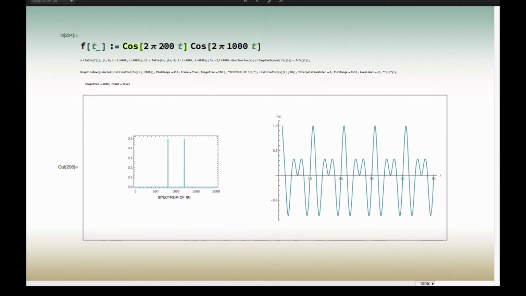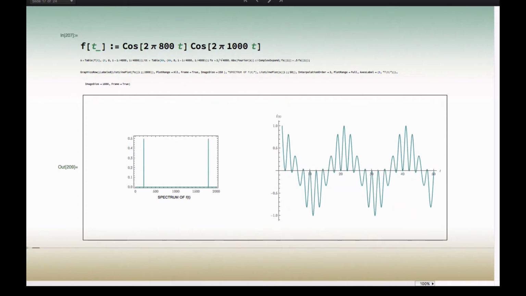Let's look at a second example and change the frequency of the first signal to 800 hertz. Multiplying these two together, now my difference frequency is shown by this spike, 200 hertz, and the sum frequency, 1800 hertz. The corresponding signal in the time domain looks as such.